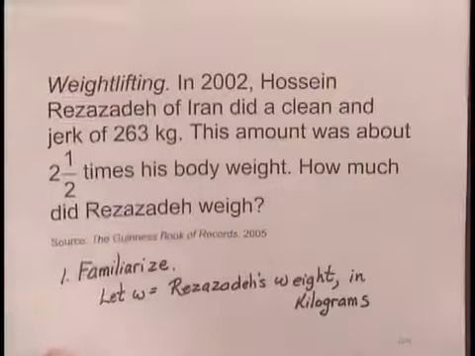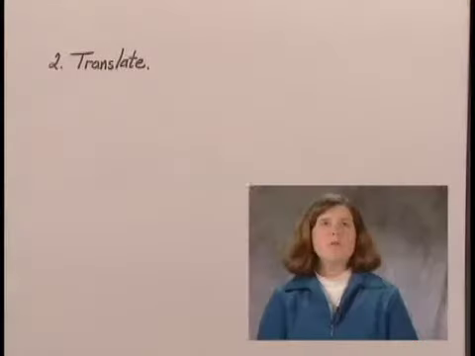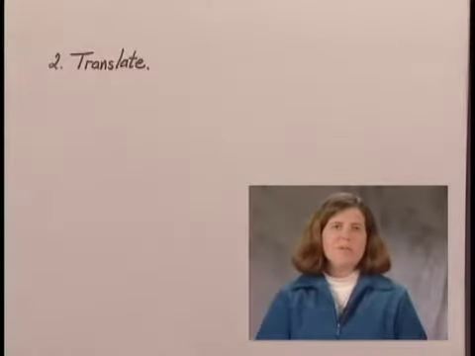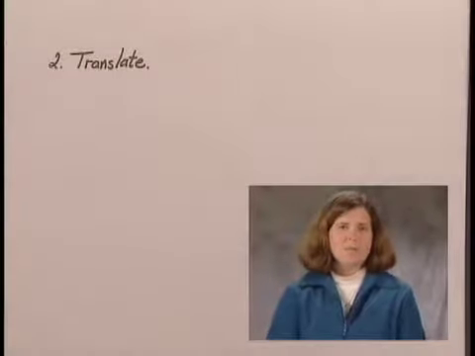Now we're ready for the second step of the process. We're going to translate our problem into mathematical language. First of all, we'll restate the problem using English. How are the numbers in the problem related?